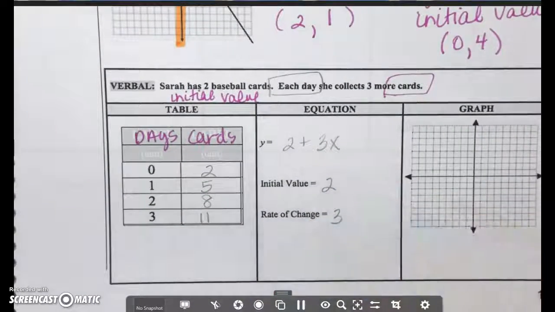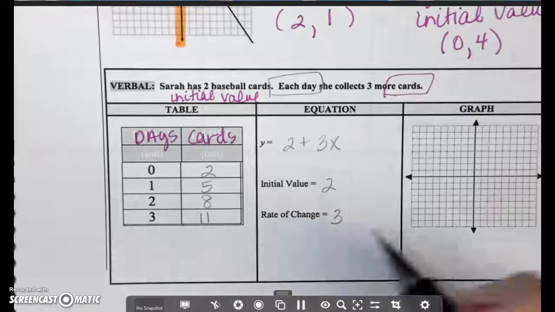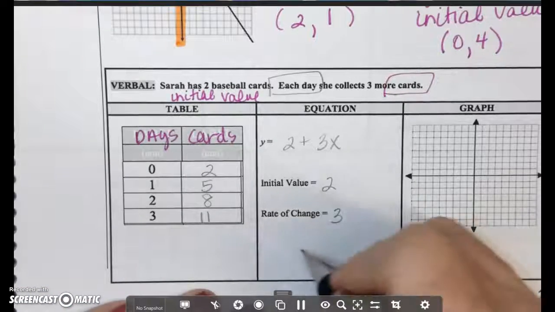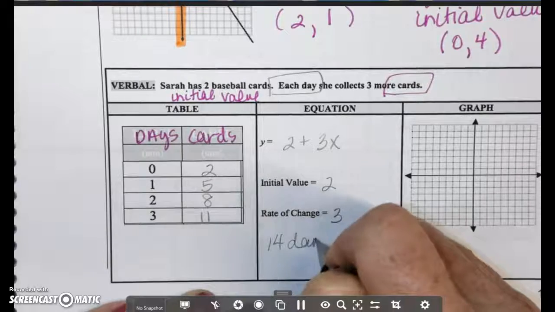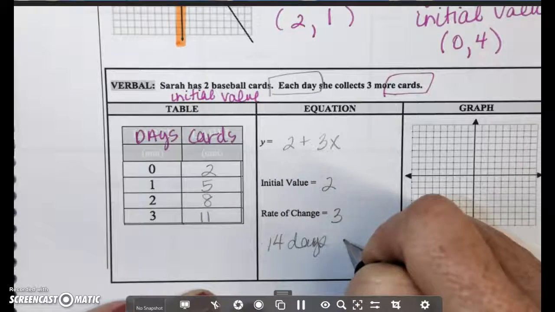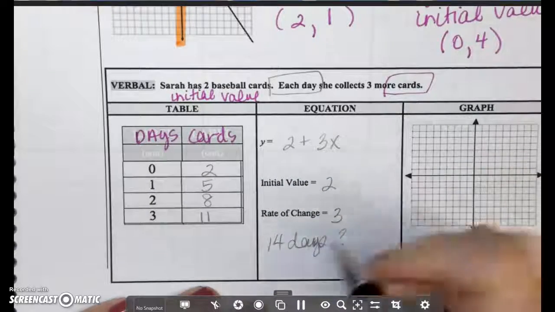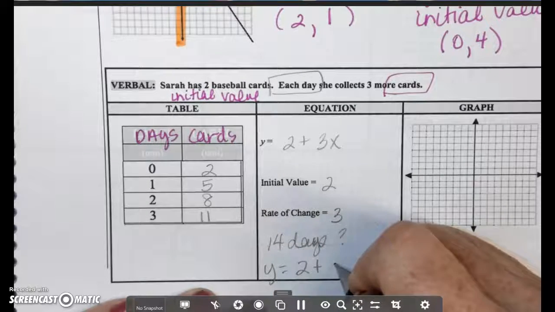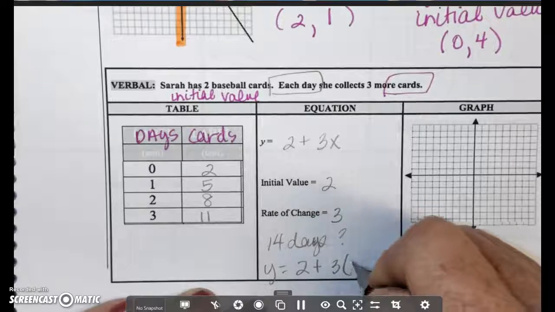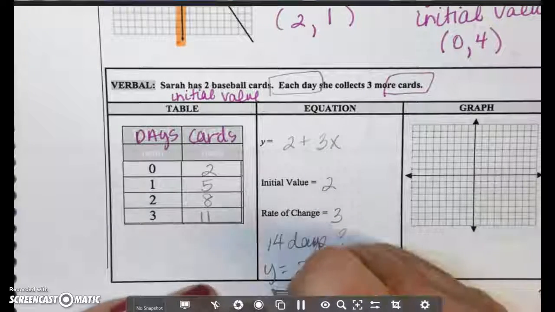So then you can ask yourself, okay, well if, let's say 2 weeks goes by, right? And after 14 days, how many cards would she have? Okay. Well, we know that she starts with 2, and they know for 14 days she gets 3 more cards every day.